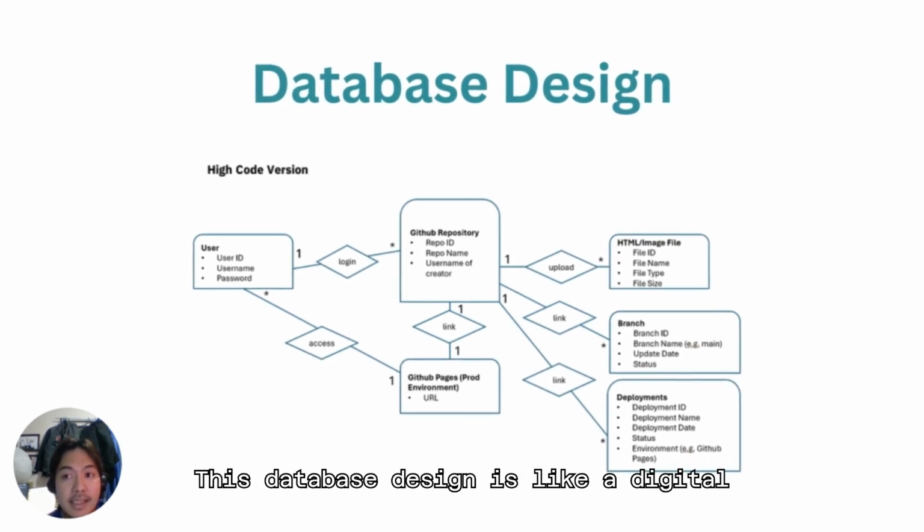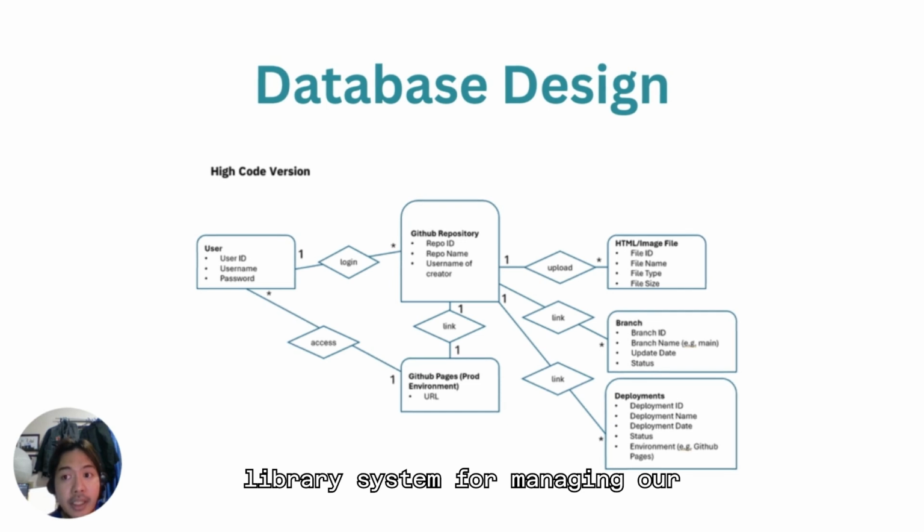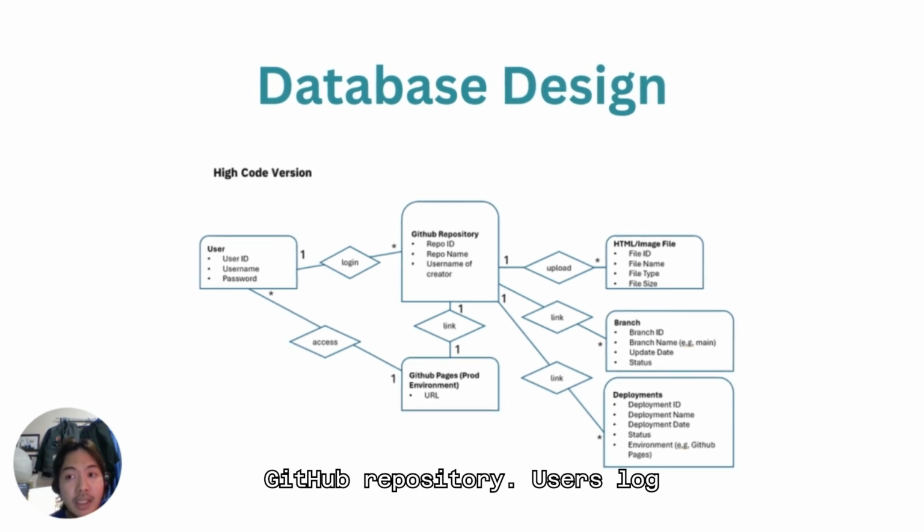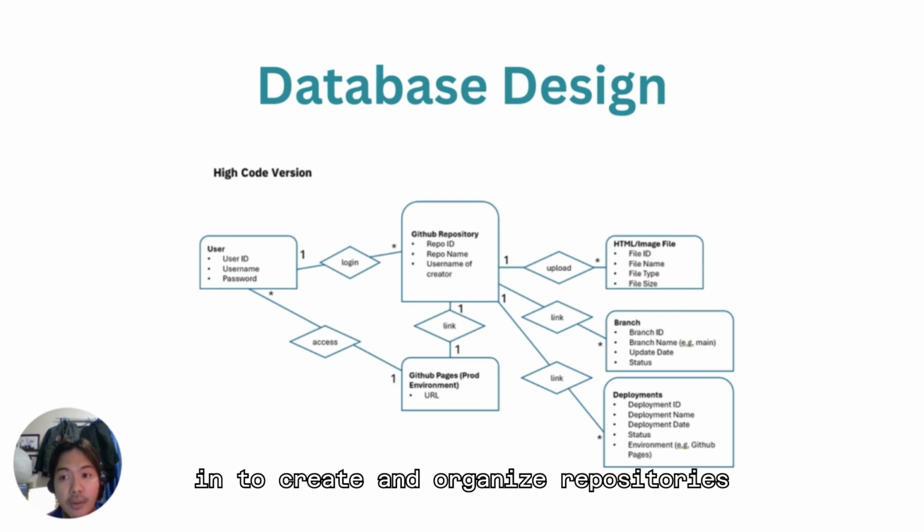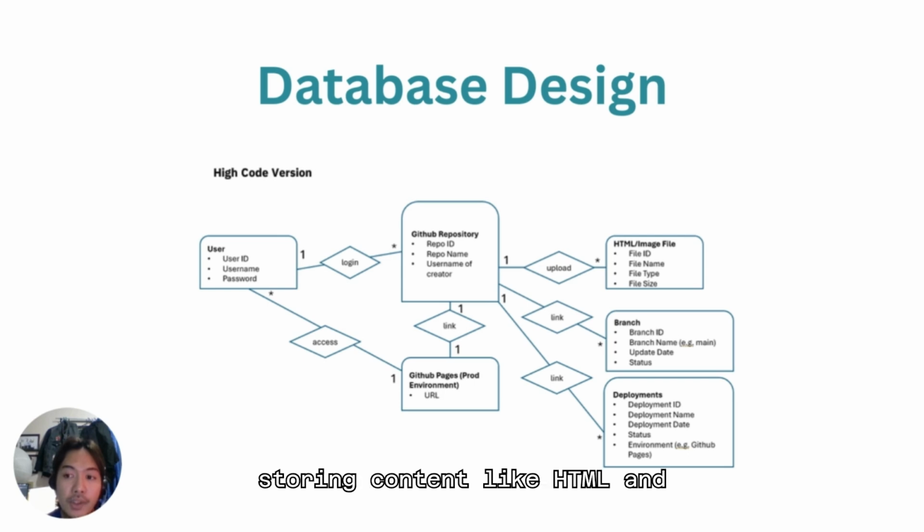This database design is like a digital library system for managing our GitHub repository. Users log in to create and organize repositories, which act as shelves for storing content like HTML and image files.